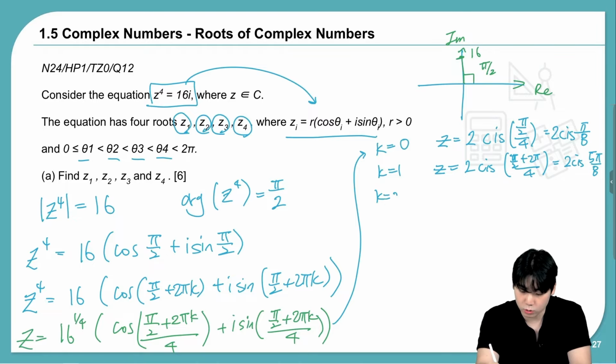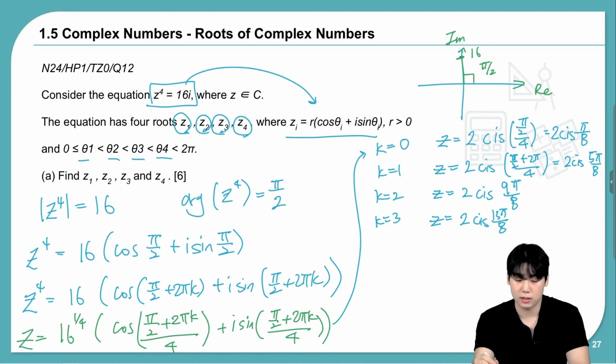And then when k is equal to 2, similarly, z is 2 cis 9 pi over 8. I'm just going to skip the steps, okay? When k is equal to 3, z is 2 cis 13 pi over 8. That is our values of z1 through z4.